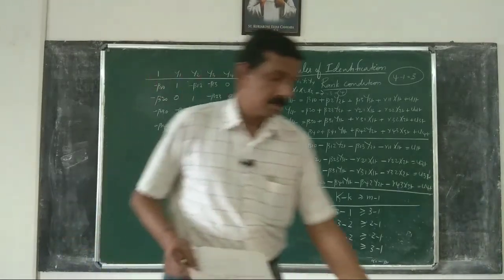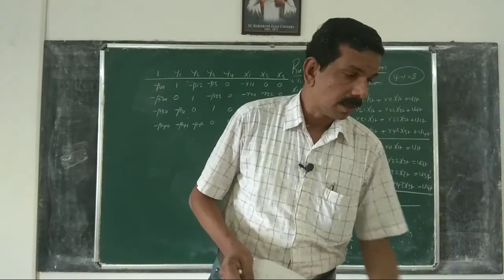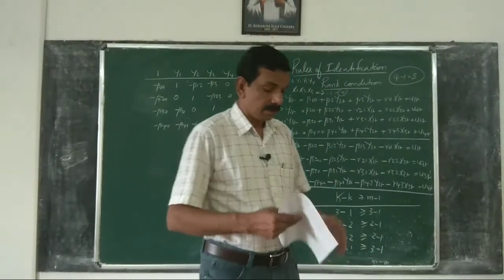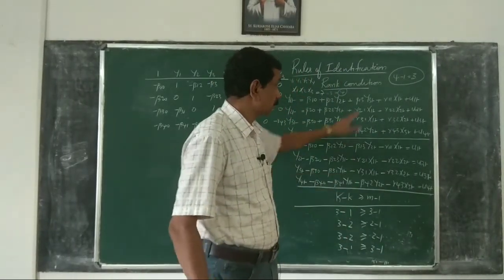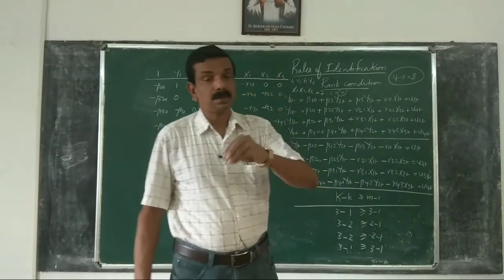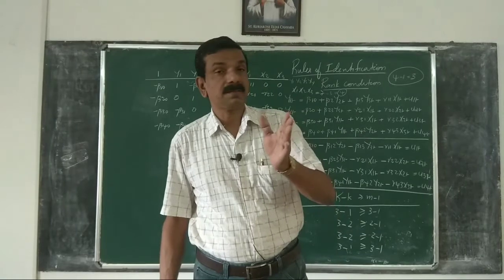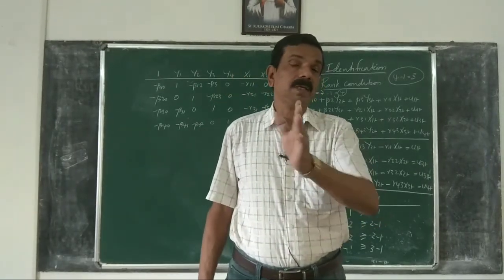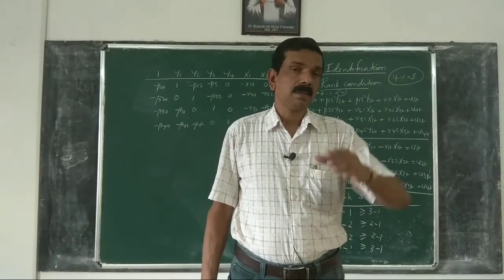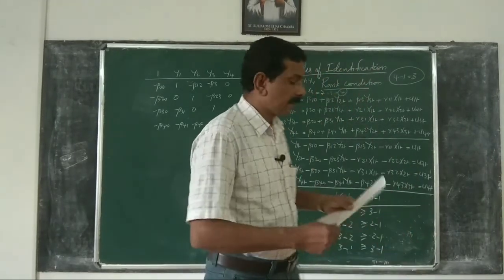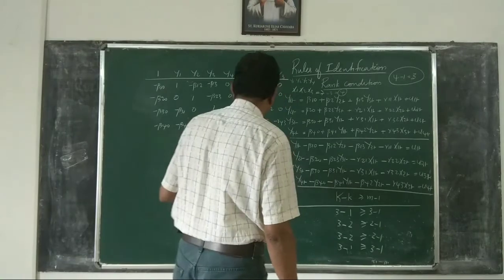Now the rank condition says an equation is identified if we can construct a non-zero determinant of order m minus 1 from the coefficients of the variables excluded from that equation but included in the other equations. So let us see how we identify the first equation.